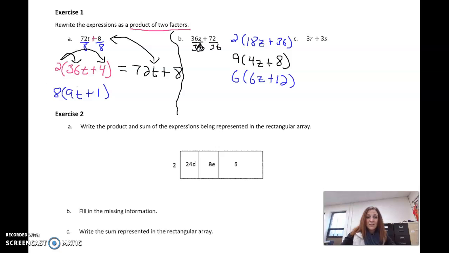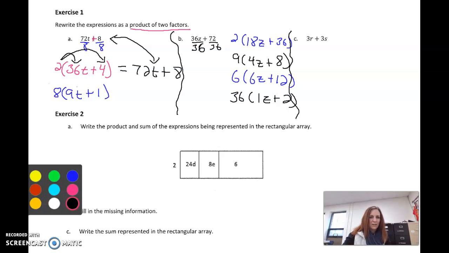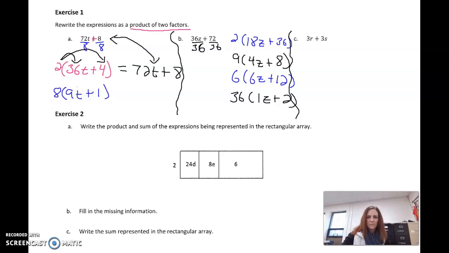Okay, if 36 goes into both of them, sorry, that's so sloppy there. I would have 1z plus 2. Okay. So anyway, this is the stuff we've been practicing in our warm-ups, right? Sorry, I'm trying to make it neater.